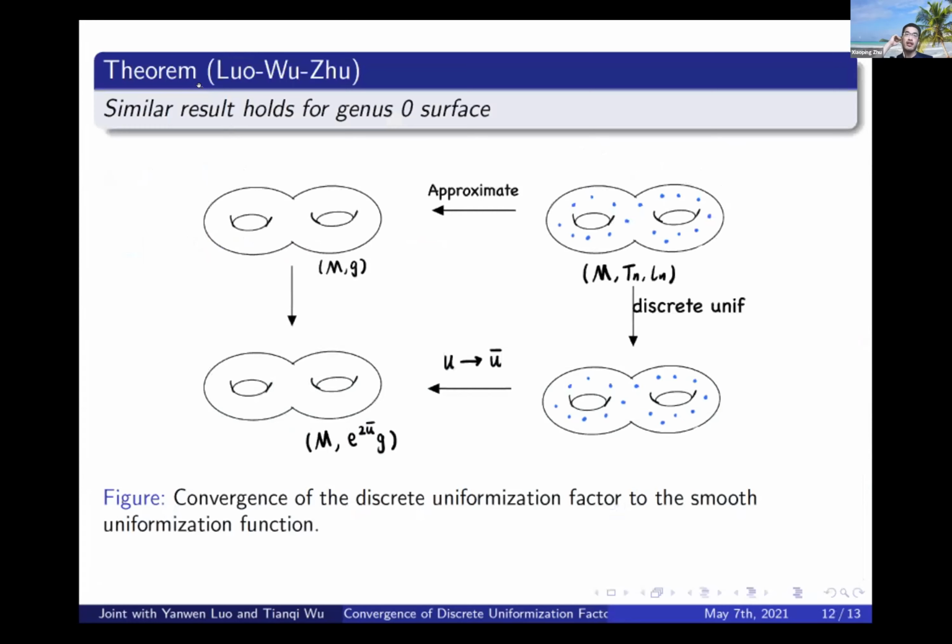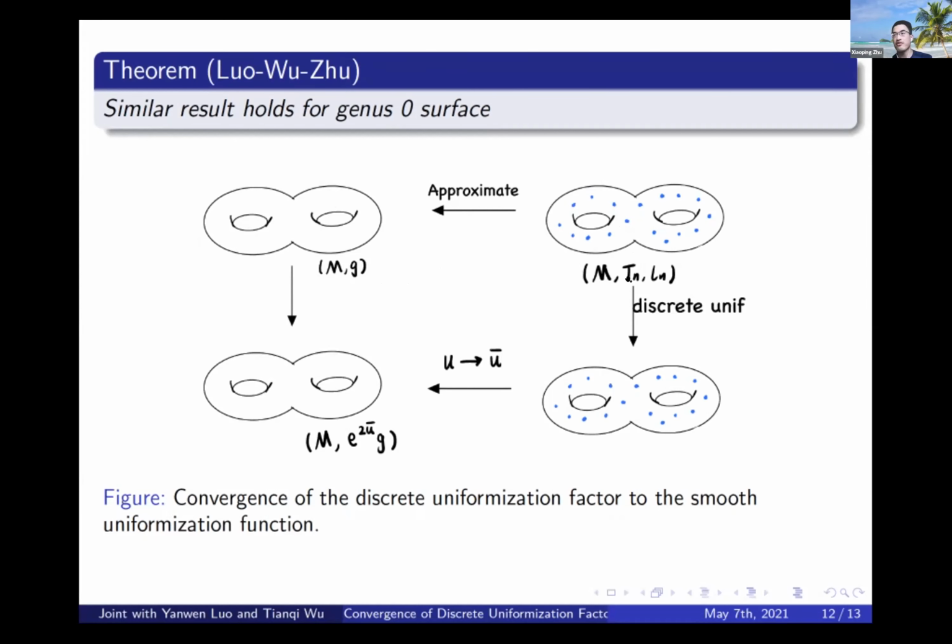And also, in collaboration with Yanwen Luo and Tianqi Wu, we prove similar results also hold for the genus 0 surface. But here we require the mapping to fix 3 points. The following picture shows us how to define such an approximation. So we have a Riemannian manifold Mg, and we have some epsilon-regular triangulation such that its maximum length is very small.